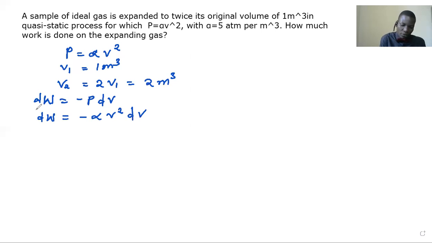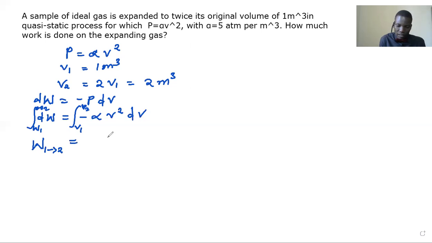We can now introduce the integrals, which here go from V1 to V2, the initial to the final volume. Those are our limits. So once we integrate, we are going to have the work, W, from 1 to 2, from the initial to the final position.